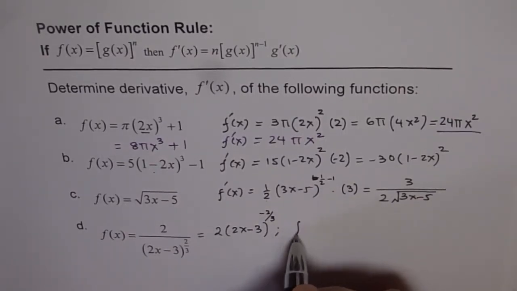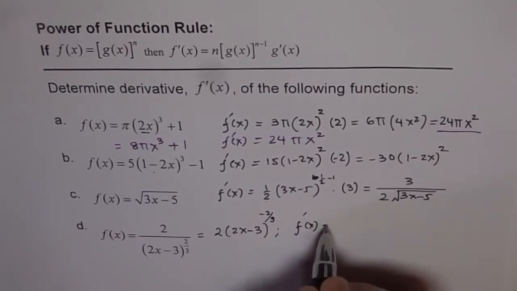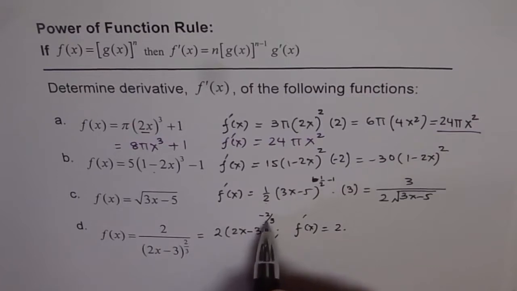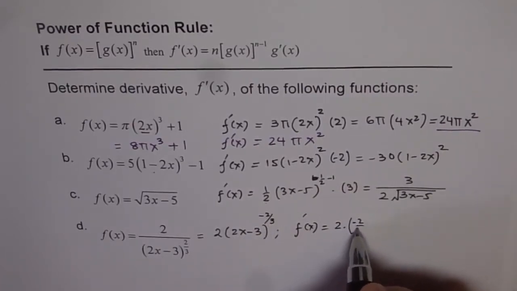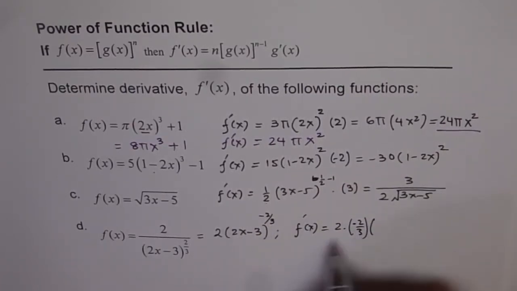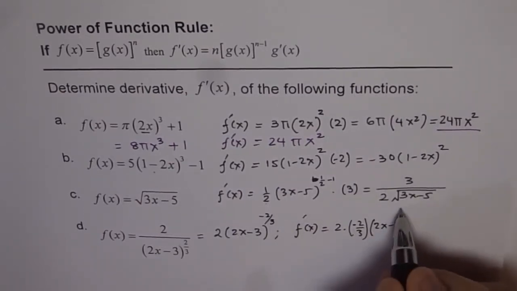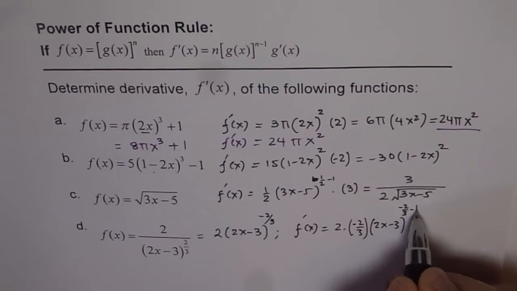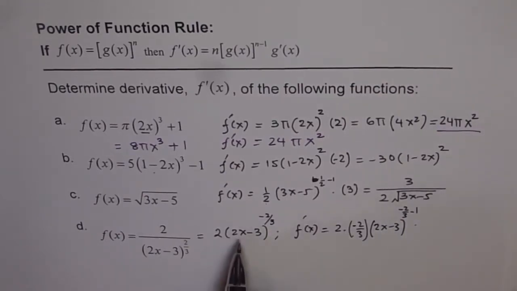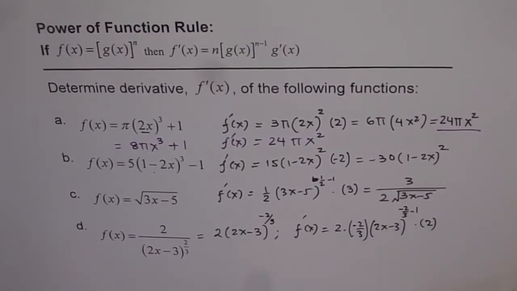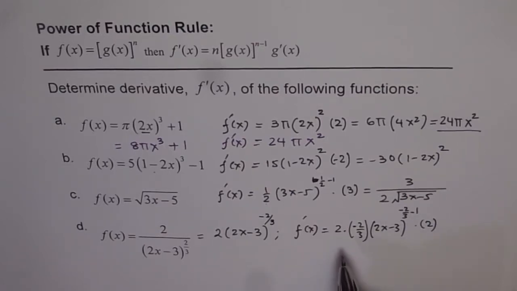Now from here, what is f dash x? f dash x will be 2 times minus 2 over 3, times the inside function, which is 2x minus 3 to the power of minus 2 over 3 minus 1, times the derivative of the inside function, which is 2. Do you see that? That is what you get as the derivative of the given function using the power of function rule.